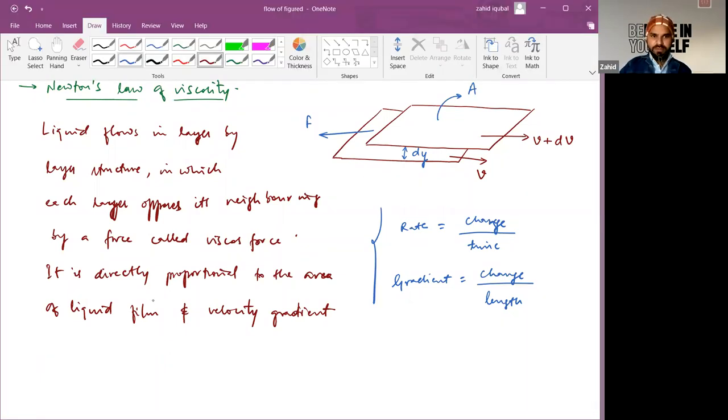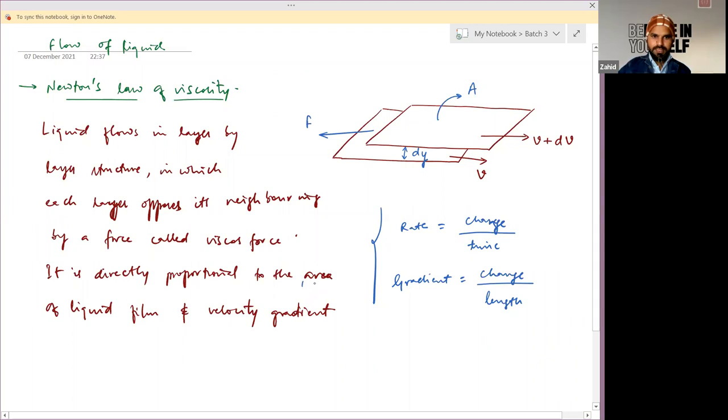So we had two different parts for this viscous force. First is the area of liquid film and second is the velocity gradient. So we can write F proportional to A, and F proportional to dv by dy, as change in velocity with respect to length. So it is called velocity gradient.